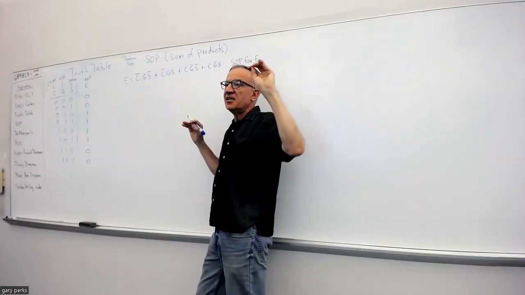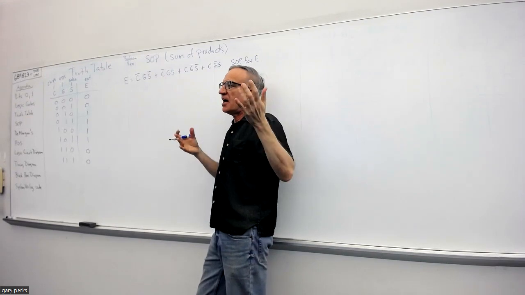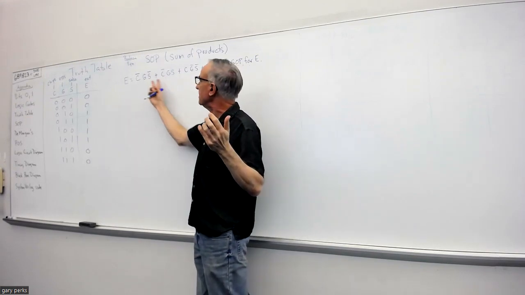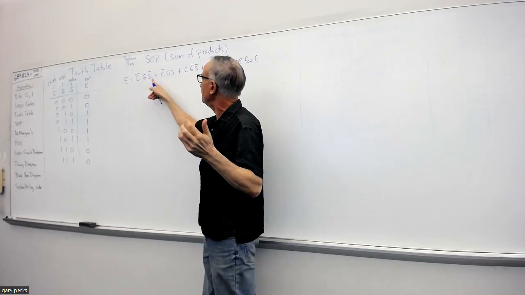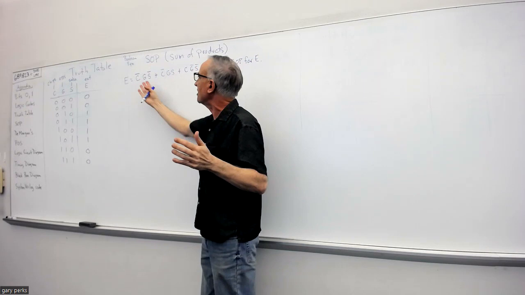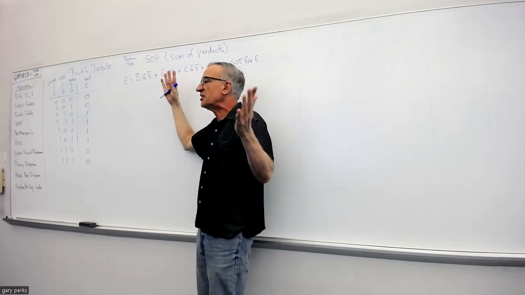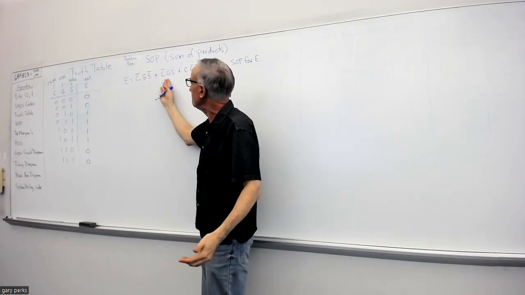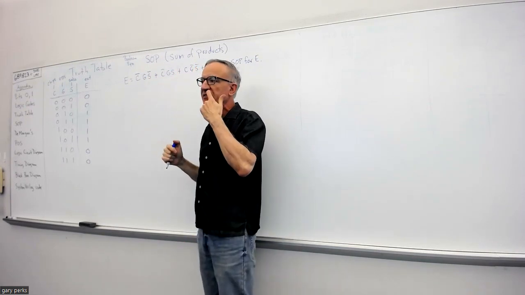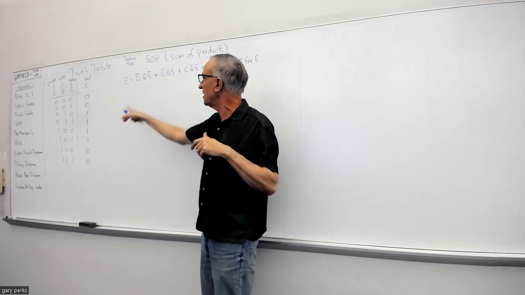Again, multiplication is not happening here and addition is not happening here, because these are getting ANDed together and these are getting ORed together. But they say sum of products because if you were just looking at this as base 10, it would look like these are being multiplied and then added together. Okay? So any questions on how I got this?